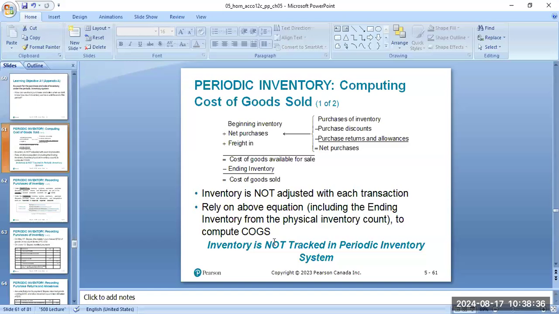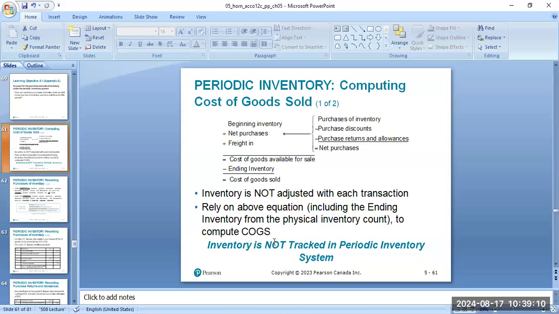First thing first, it's very important for you to understand how we're going to calculate cost of goods sold, because for the periodic system we have to calculate cost of goods sold. That is not automatically calculated as in our perpetual system, because we don't have it. We have to do it manually. So how are we going to calculate? We're going to get the beginning inventory.